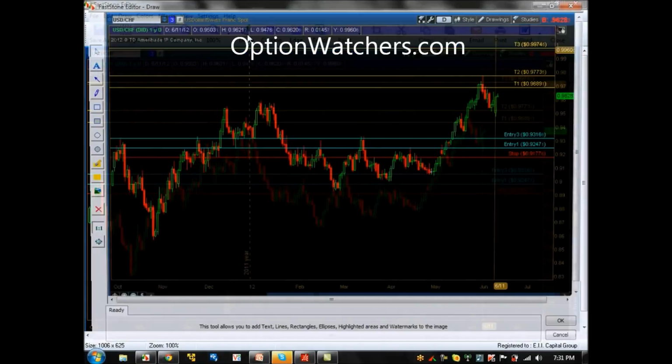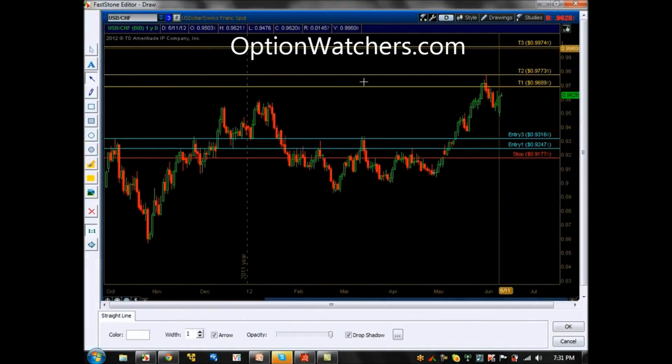So my reward risk ratio, my risk is where? From here to there. Agreed? Yes? My reward is where? My first reward is going to be from here to T1. Agreed? Yes? Right. So, is this a good reward risk ratio?